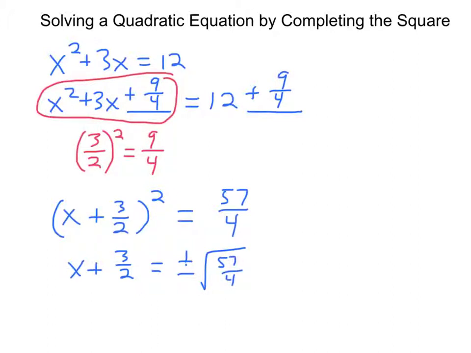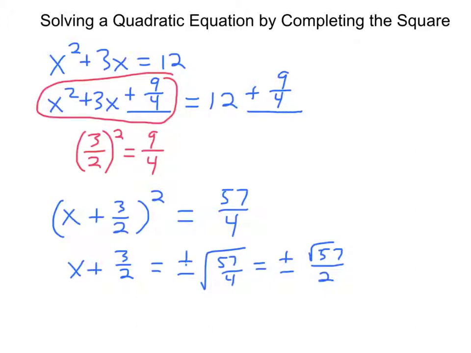And when you have a square root of a fraction like that, you can take the square root of the numerator and the square root of the denominator separately. So you could say plus or minus the square root of 57 over the square root of 4, which is just 2.